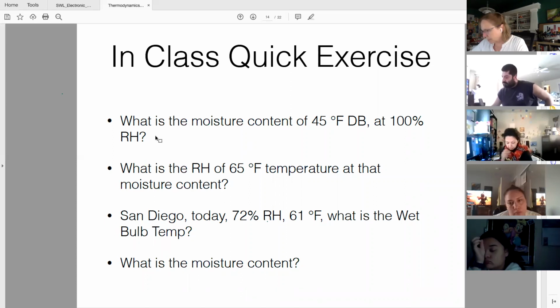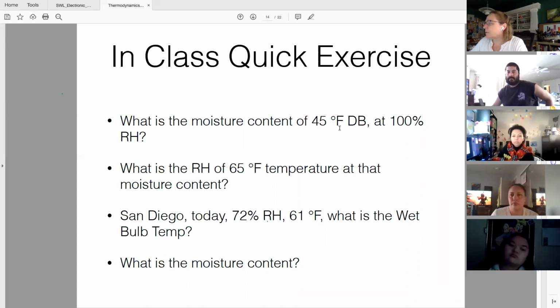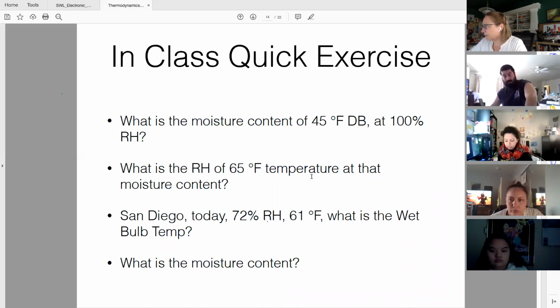So Marwa and Isabel, if you can look at this first one here, we're going to read the moisture content, 45 degrees dry bulb at 100% humidity. Priscilla and Mars, can you do the next one? What is the relative humidity at 65 degrees Fahrenheit at that moisture content?